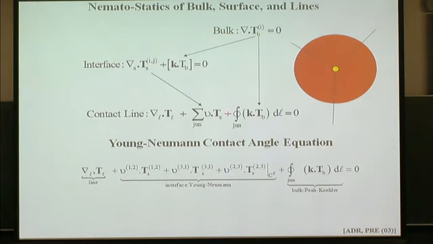With line singularity, you get a so-called Pitch-Collar force, the junction integral of the bulk stress tensor. So this is the basic equation at a macro level for a contact line. It has the line term, it has the Young-Neumann term, and it has the Pitch-Collar force.